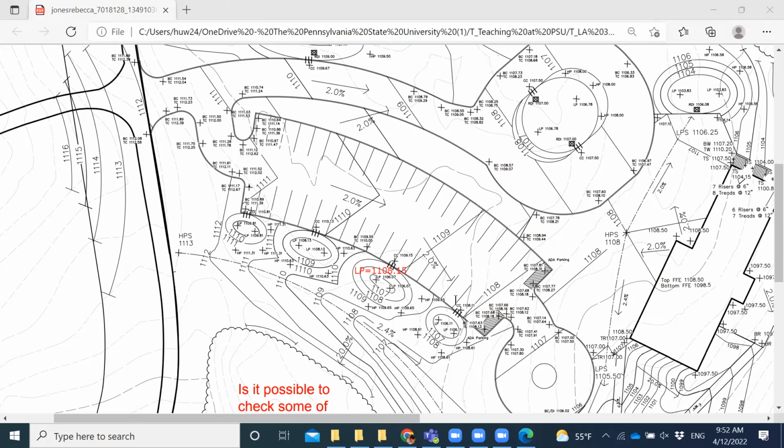You only need a 1109 contour. The 1109 is the only one that you need over here.